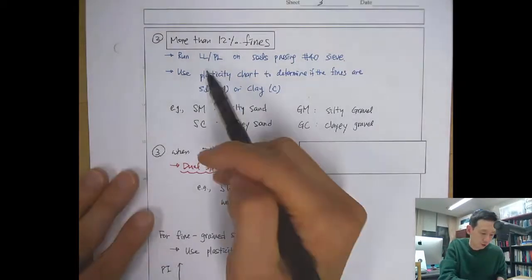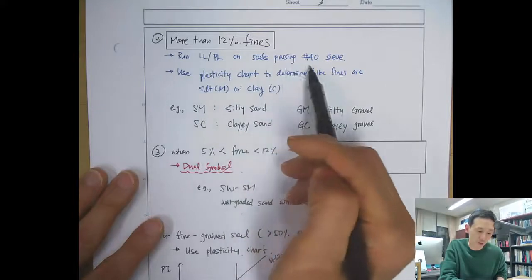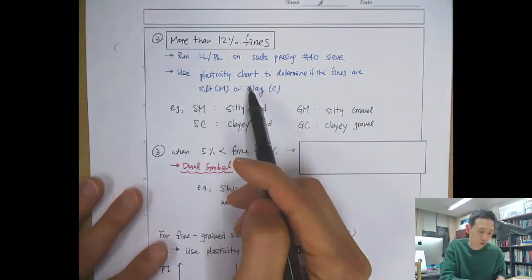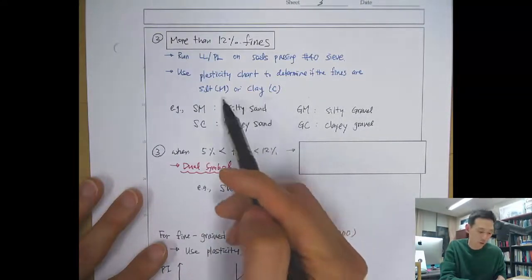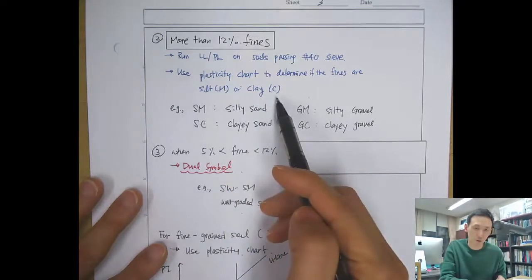So then you run the liquid limit and the plastic limit test on the soil passing number 40 sieve and use the plasticity chart to determine if the fines are silt or clay. If it's silt, then you're going to use the M for the second letter. If it's clay, then you're going to use the C for the second letter.